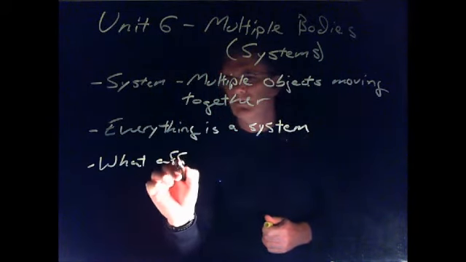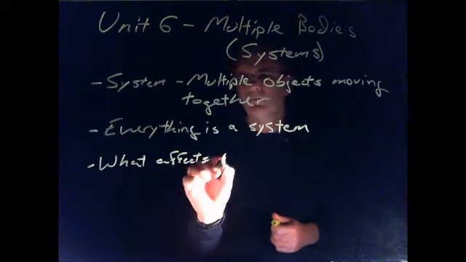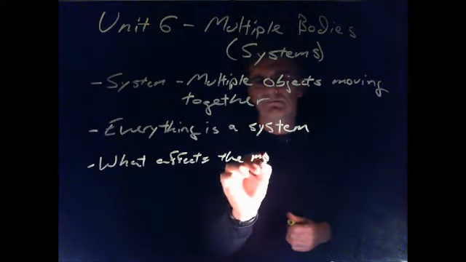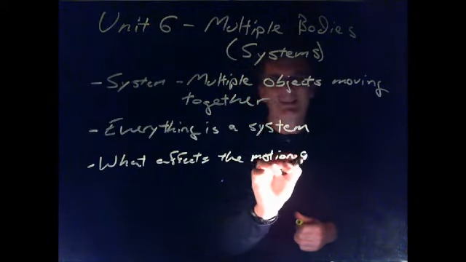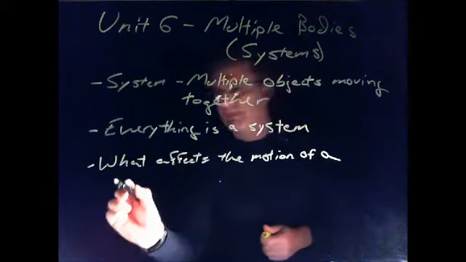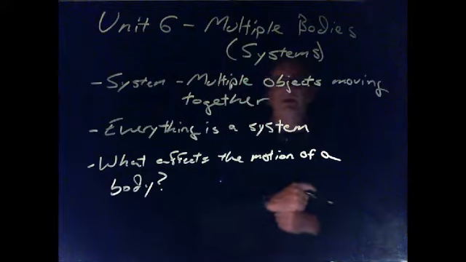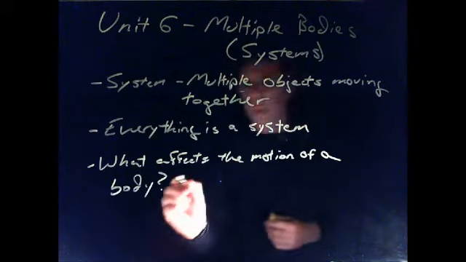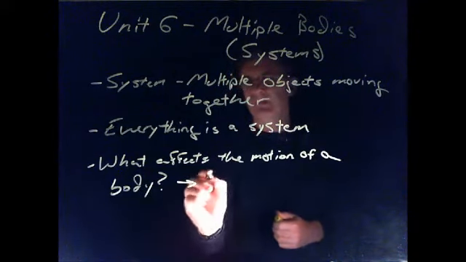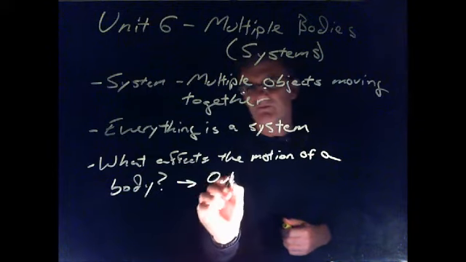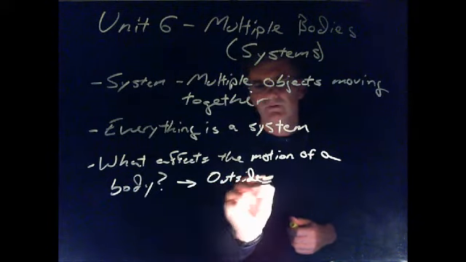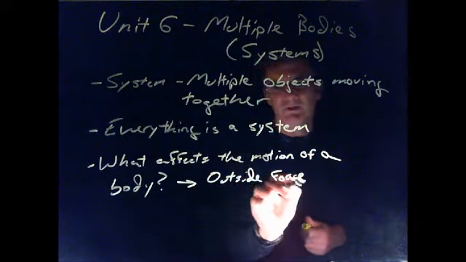The first question is, what affects the motion of a body? Just a single object. And obviously, by now we should recognize that the answer would be outside forces, or an outside force, either one.